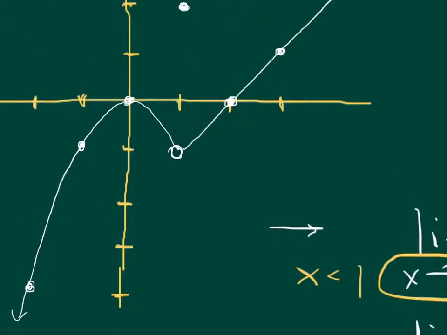Okay? We are looking slightly to the left of 1, but we're doing it on the function, and we're going to approach 1 from the negative direction.